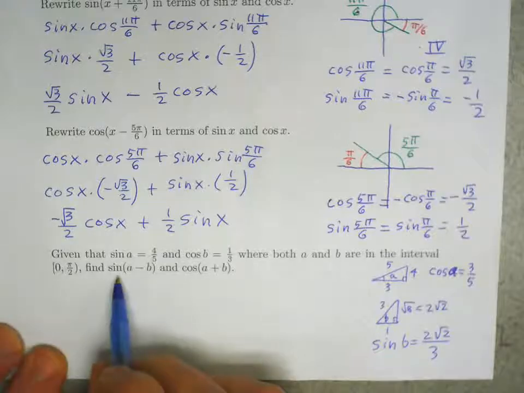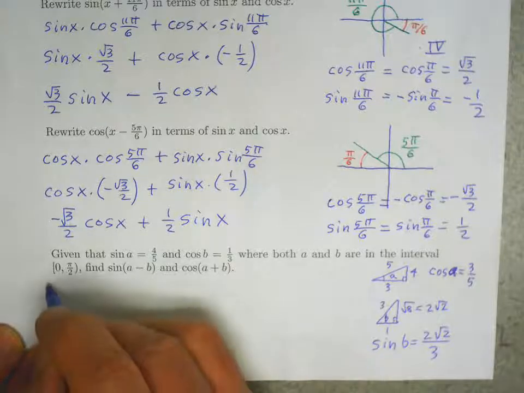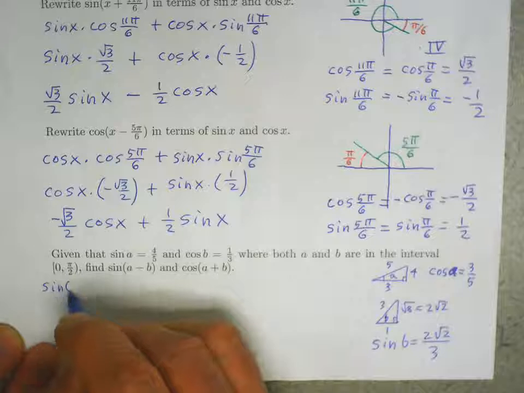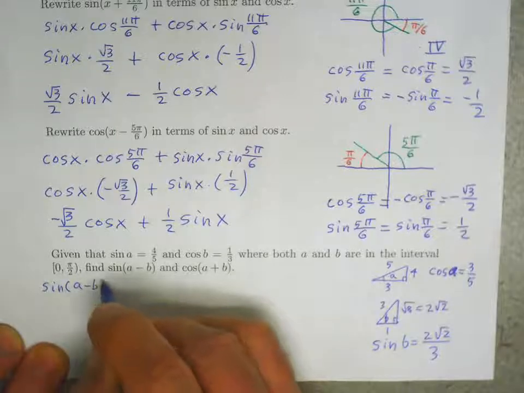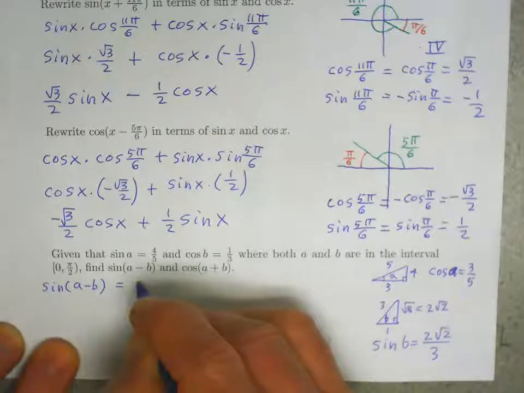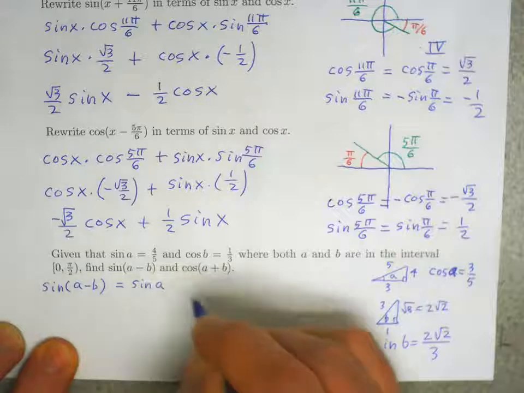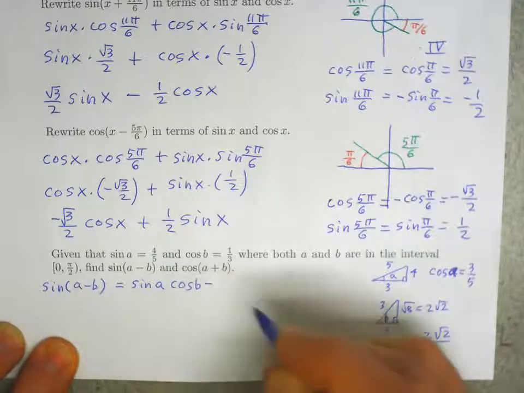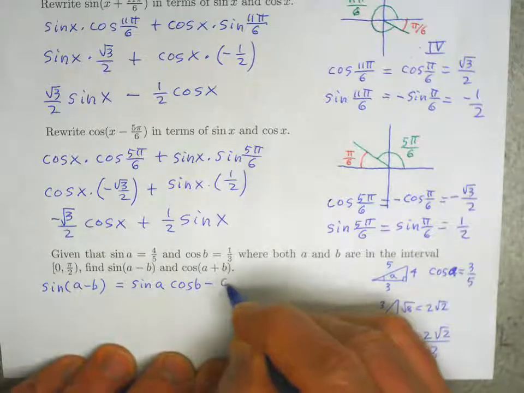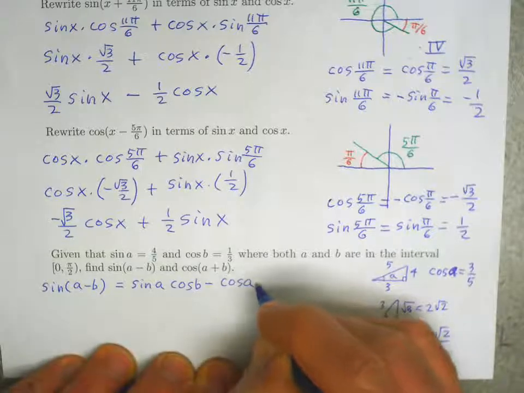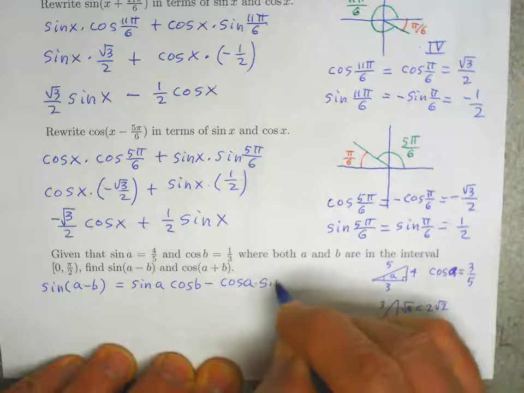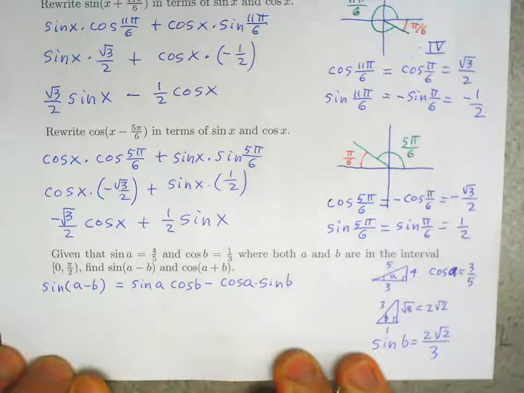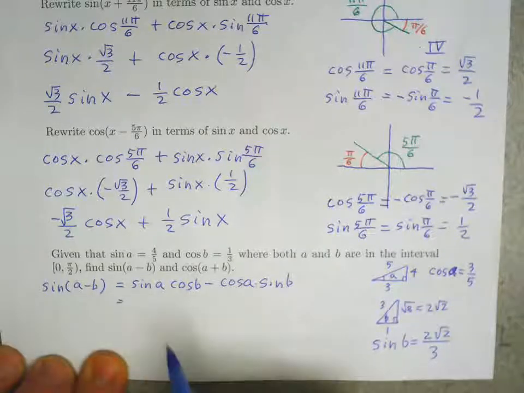Okay, let's do the sine of A minus B first. Sine of A minus B is the sine of A times cosine of B minus cosine of A times sine of B. And we know all of those values.